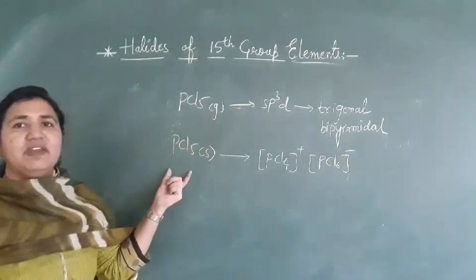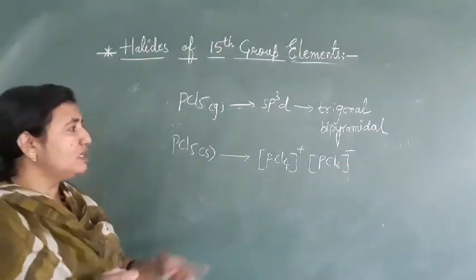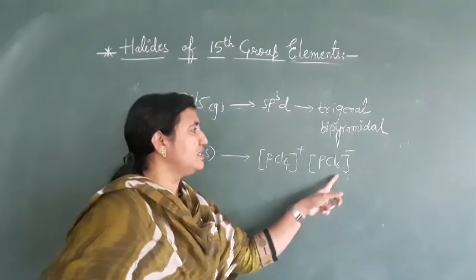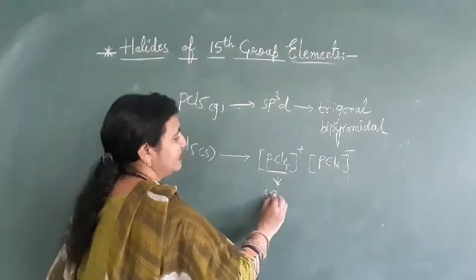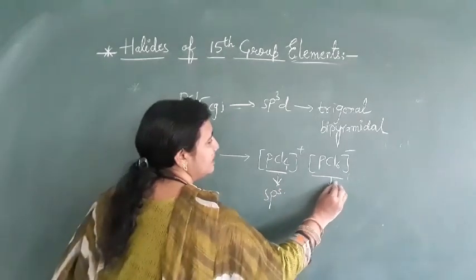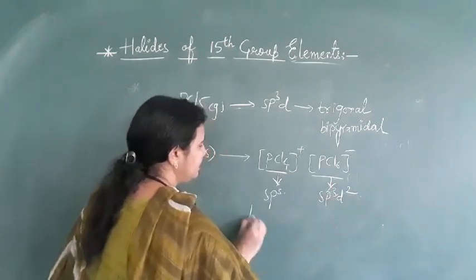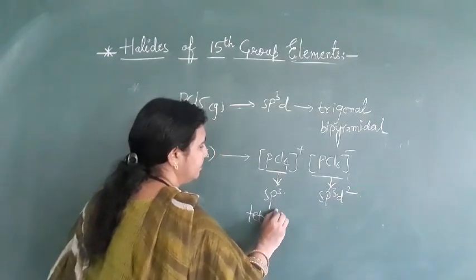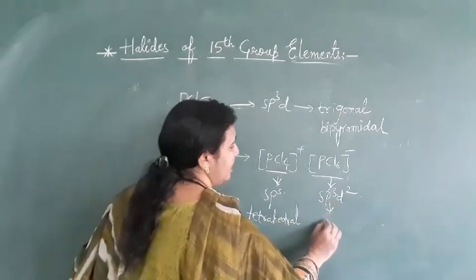In PCl4 plus the hybridization is sp3 and the shape is tetrahedral, and in PCl6 minus the hybridization is sp3d2 and the shape is octahedral.